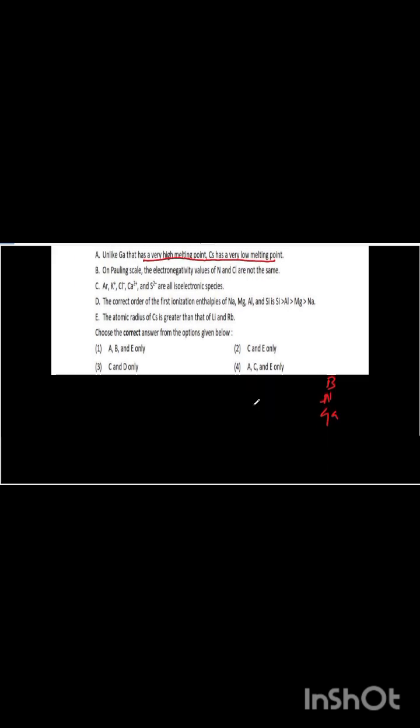Next question is, which of the following statements are true? Unlike gallium that has very high melting point, cesium has very low melting point. Where does gallium exist as compared to cesium? So gallium exists in group 13, that is boron, aluminum, gallium, indium and thallium.